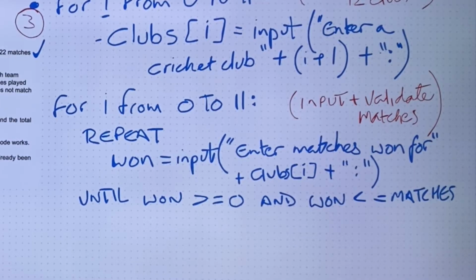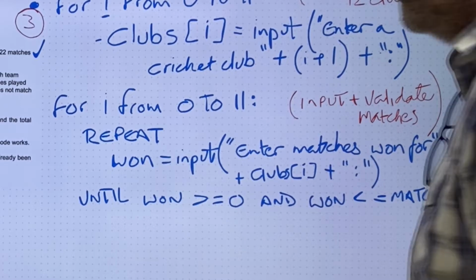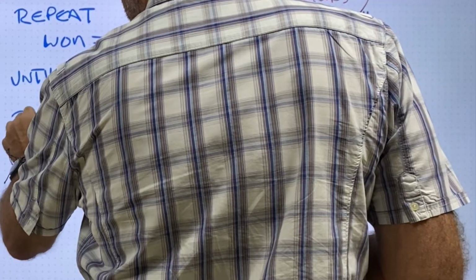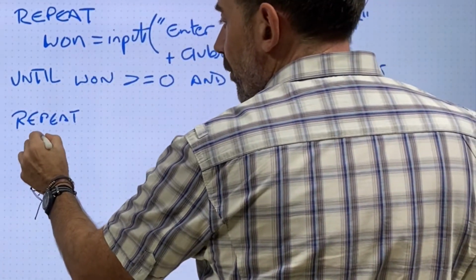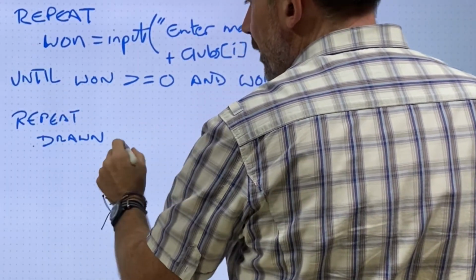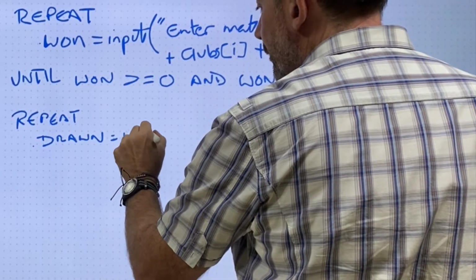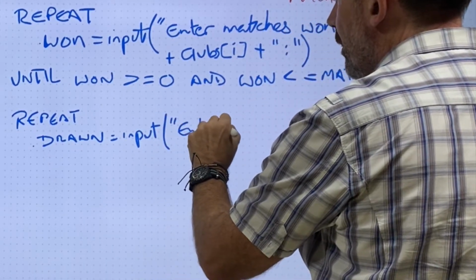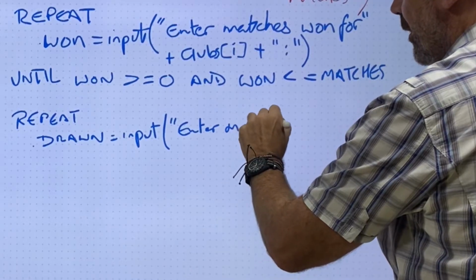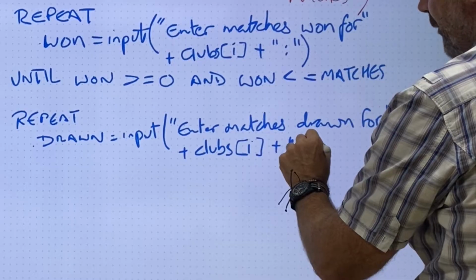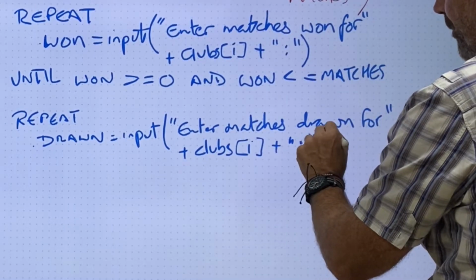Then we're going to have to repeat that 3 times for won, draw, or loss. So, and then we're going to go again, repeat. Okay, drawn, another variable, equals input, enter matches, drawn, plus, we'll put a little quote in there.